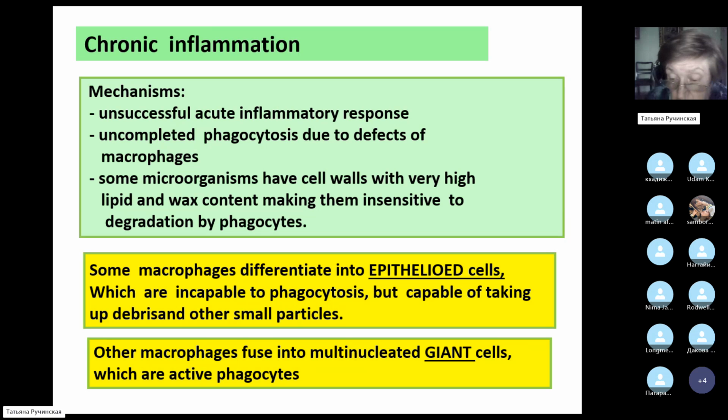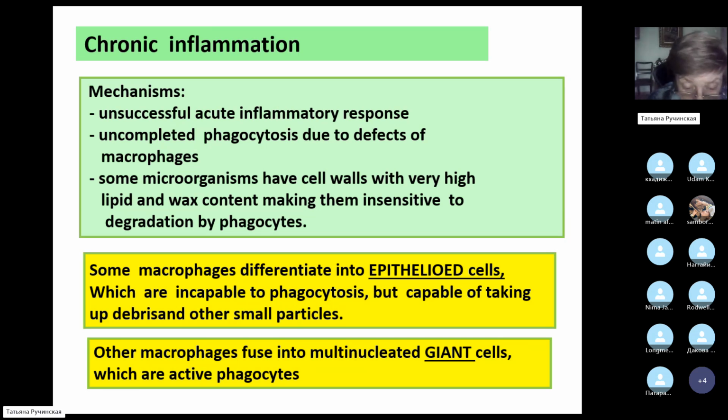This cell will be larger than a macrophage, and it loses its capacity for phagocytosis, but it can reabsorb some small particles, but it cannot move, the epithelioid cells, you see.